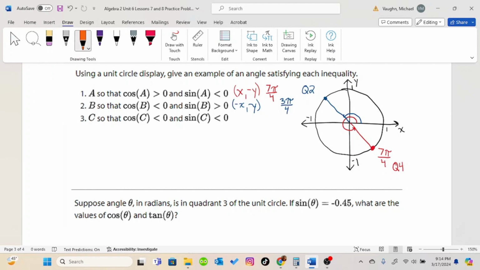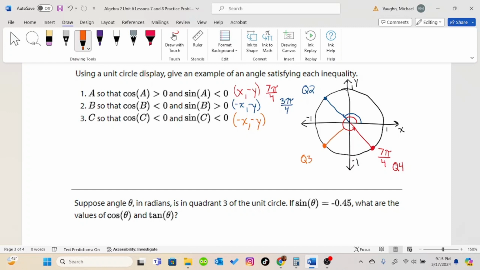And number 3, they want C so that cosine is less than 0. That means they want a negative x, and they want sine to be less than 0. That means they want a negative y. If I need a negative x and a negative y, then I am in quadrant 3.